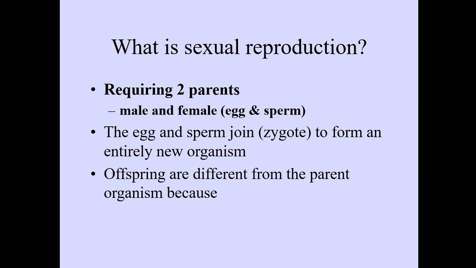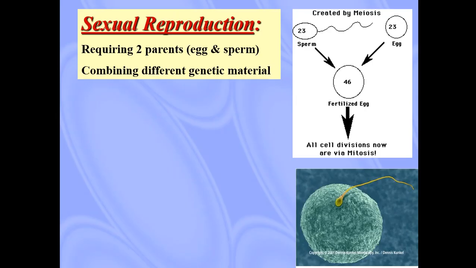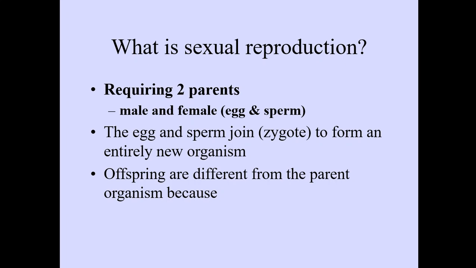So offspring are different from the parent organism because of several reasons. For example, yung gene ng babae, iba naman ng gene ng lalaki. Okay, magbibigay ng gene yung babae, magbibigay ng gene yung lalaki, then mag-fuse yung dalawa, so totally it's a separate. Okay? So magkaiba po ng genes.